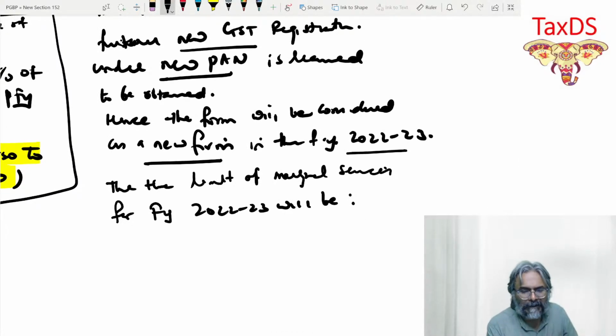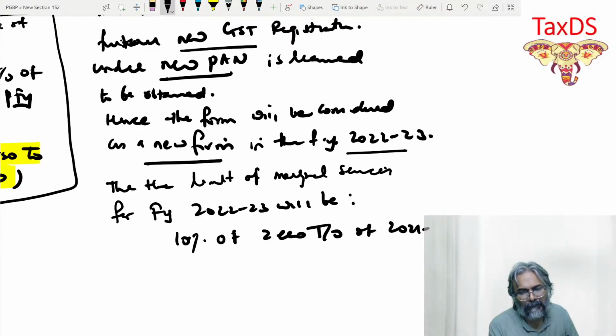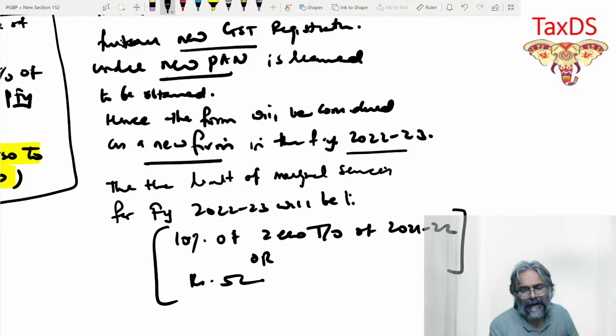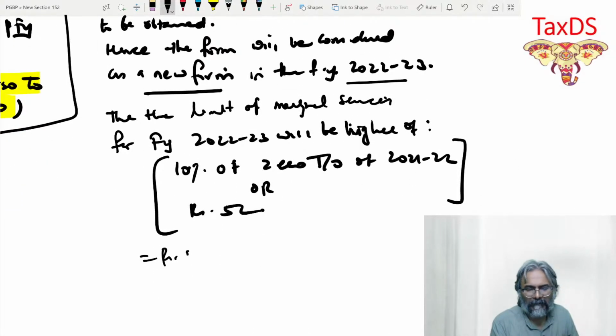The limit of marginal service for the financial year 22-23 will be, what is the limit, students? 10% of turnover of 21-22 or rupees 5 lakhs, whichever is higher. Students, write like this, will be higher of. Therefore equal to rupees 5.